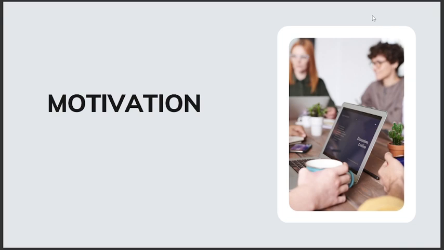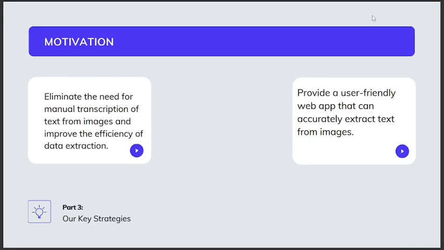Okay, so to go into the details of our motivation behind the project, first of all, the need to eliminate manual transcription of text from images and improve the efficiency of text extraction. This can be applied in cases like hospitals, where nurses and doctors have most of their documents as manual transcripts.